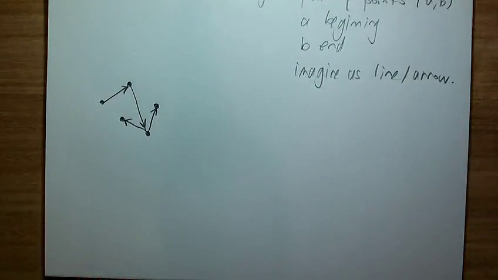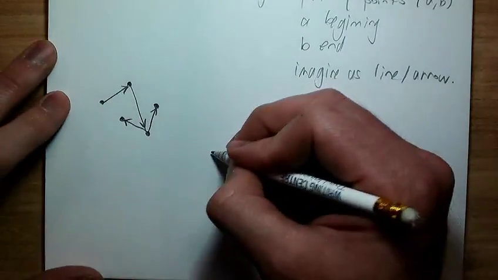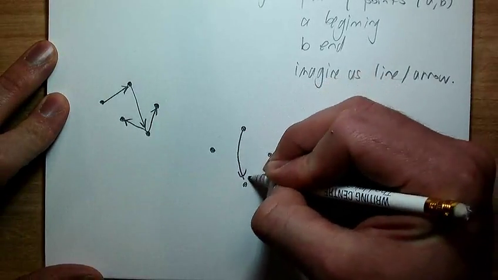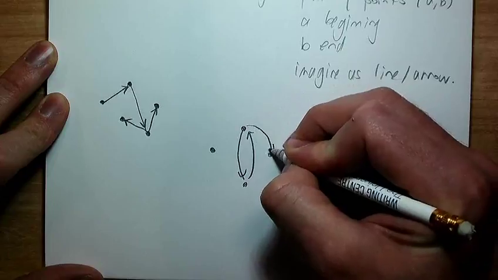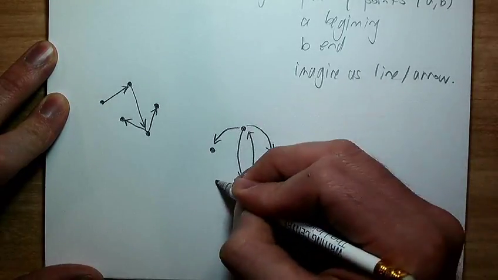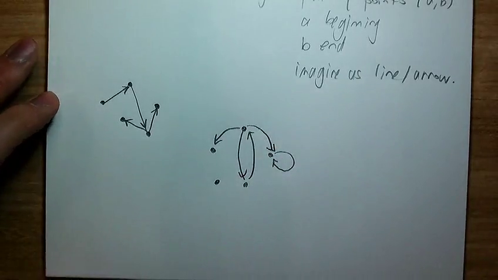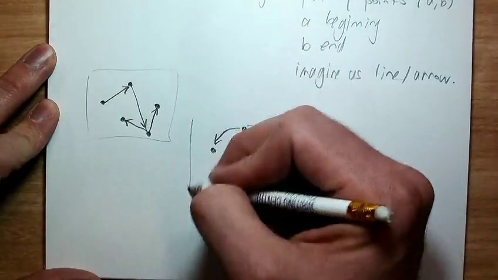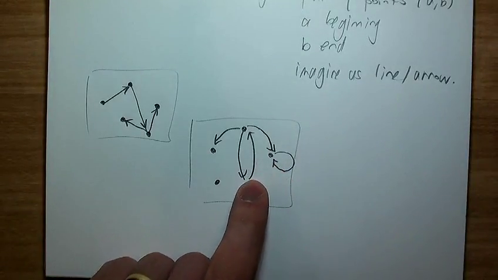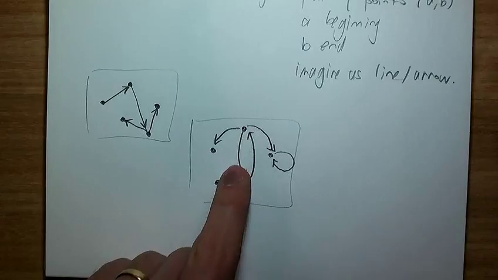It is possible to have, so here's one, things that connect to themselves. It's possible to have an arrow going one way and an arrow going the other way.